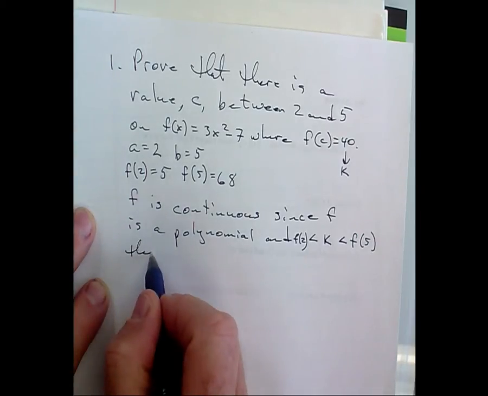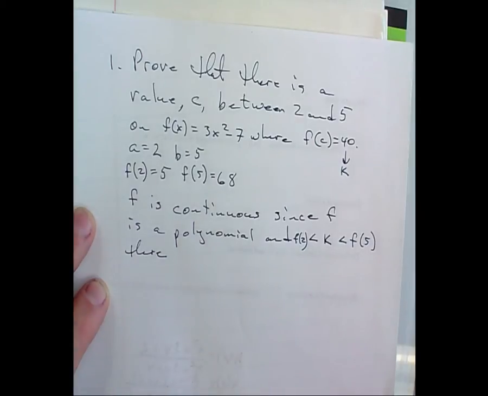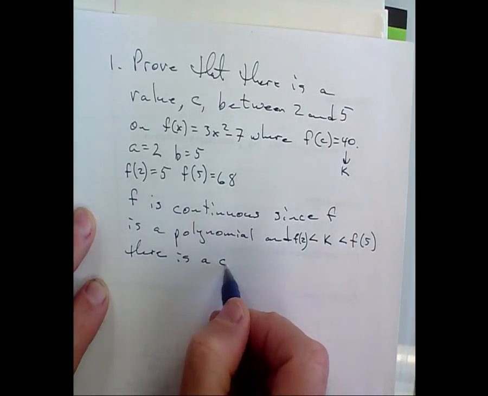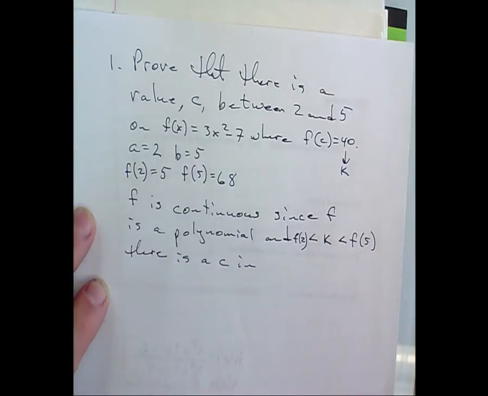There, right? You're going to say that, right? There is a c in the interval. F of 2 is a y value and c is an x value. C is always x values.